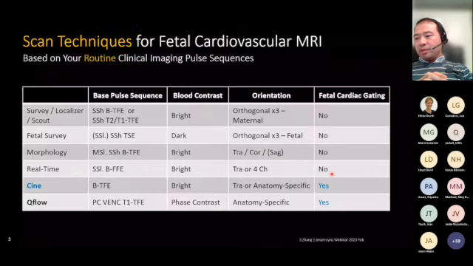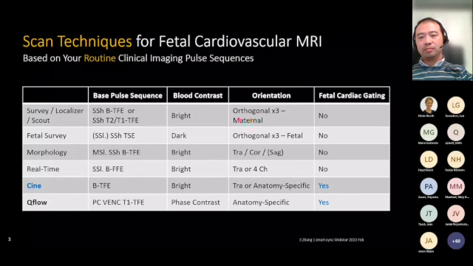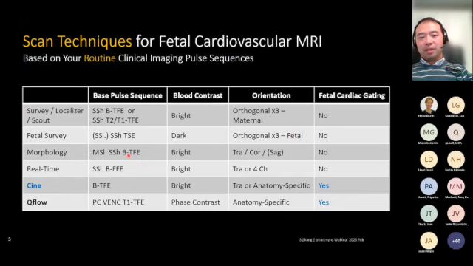Very similar to cardiac MRI in adults and children, the fetal cardiovascular MRI also consists of several scan techniques. You usually start with a survey scan, which is orthogonal to 3 planes according to the maternal reference. And then you can switch to a dedicated fetal survey using dark blood TSE, which consists of 3 orthogonal planes with reference to the fetus. The balanced TFE or SSFP can also be used for multi-shot morphology or single-shot thick slice dynamic scans of the fetus.